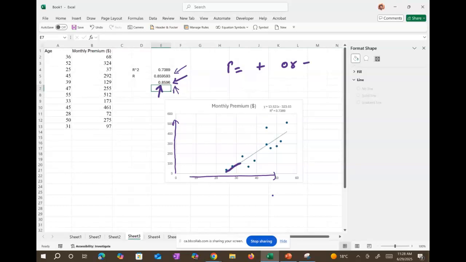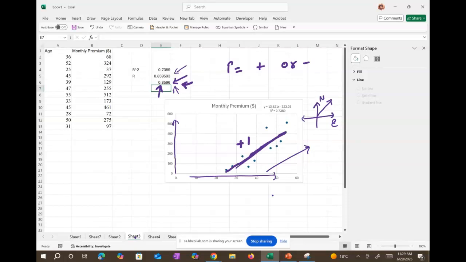If the slope of the trend line which you've drawn here is positive, positive means inclined to the right, somewhere in the northeast direction, if this is east and this is north on the navigation system, it is something like this. It is always positive, and the R value will be positive.